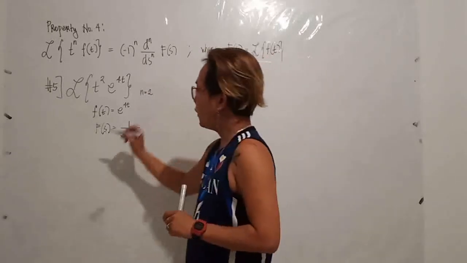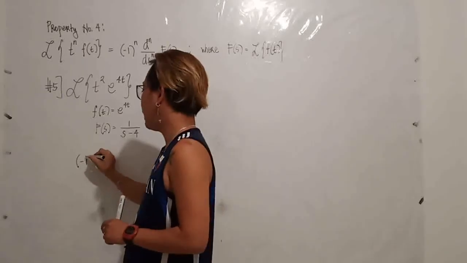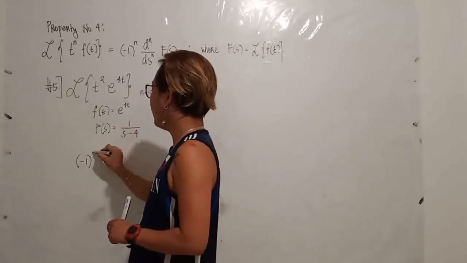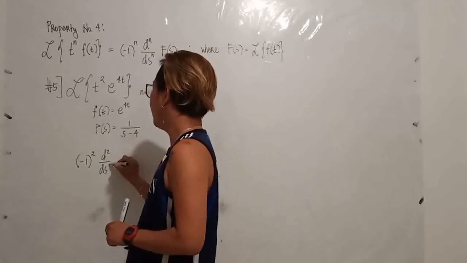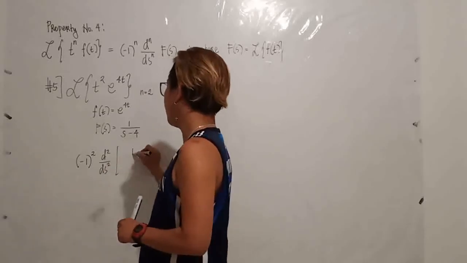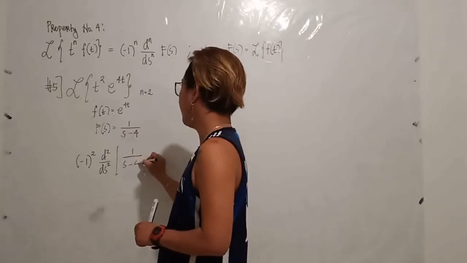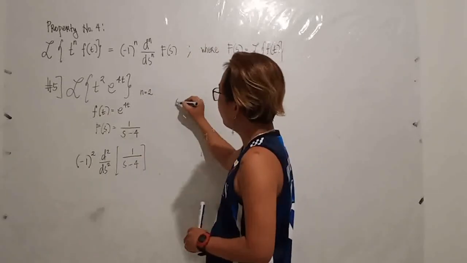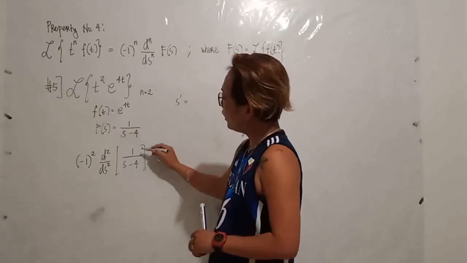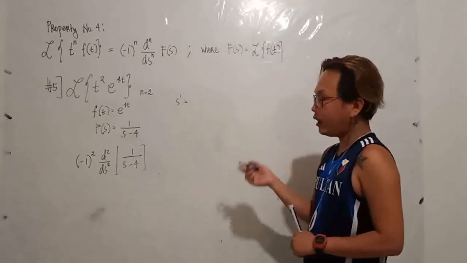Then following your formula, that is negative 1, then the value of n is 2. You will have to take the second derivative of your f of s, which is 1 over s minus 4. Now taking the first derivative, that is c over v, that's negative c dv.